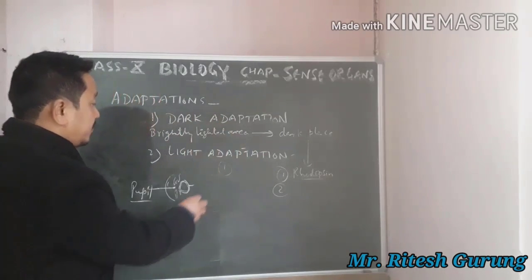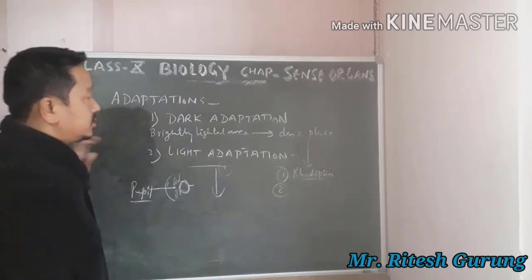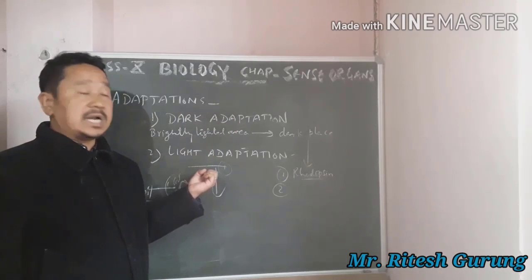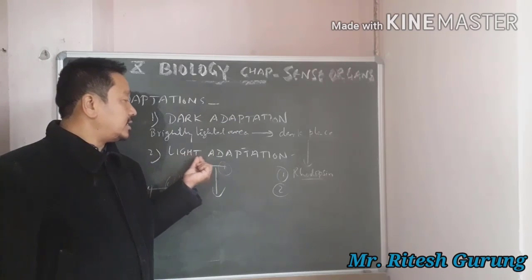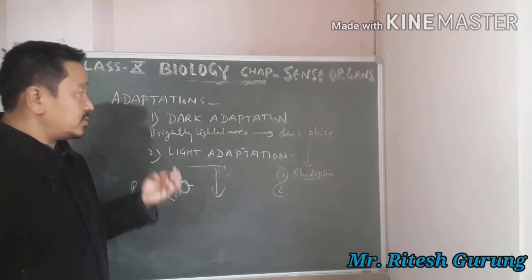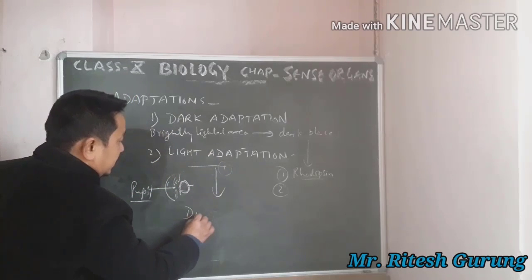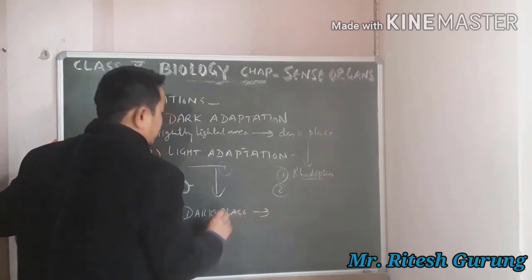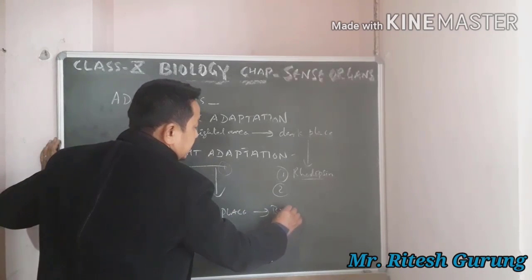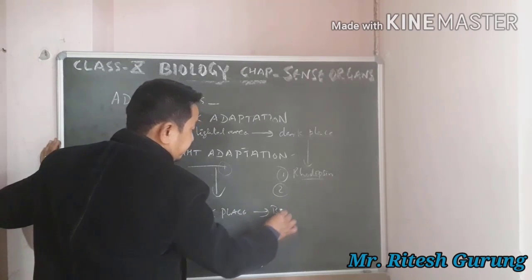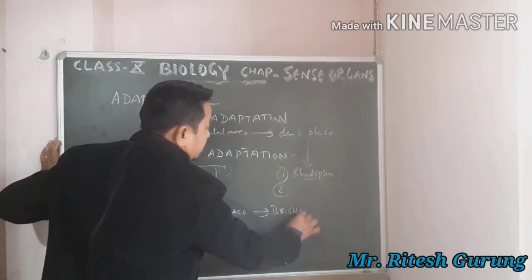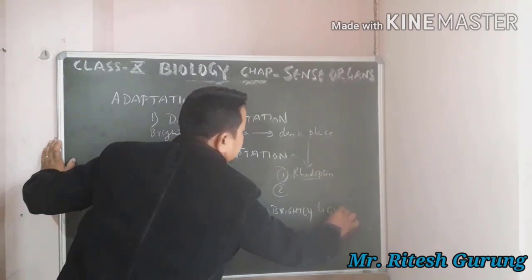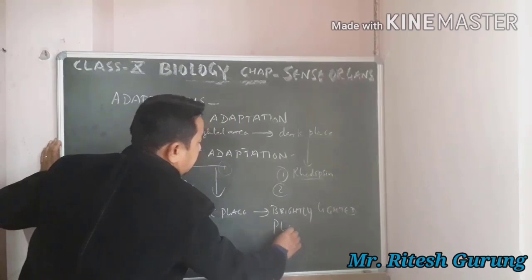The other type of adaptation is light adaptation, just the reverse, just opposite to this. In this adaptation, for example, you go from a dark place to a brightly lighted place.